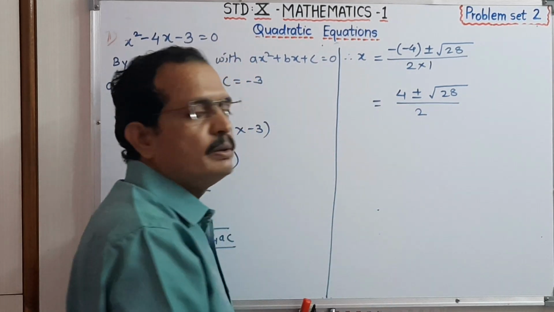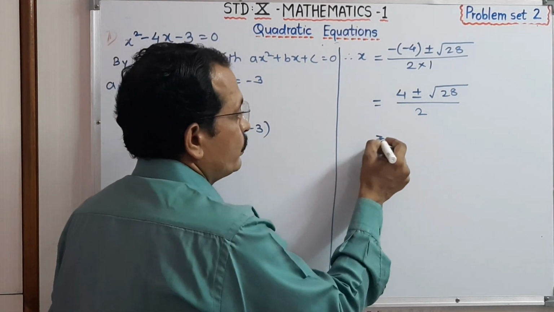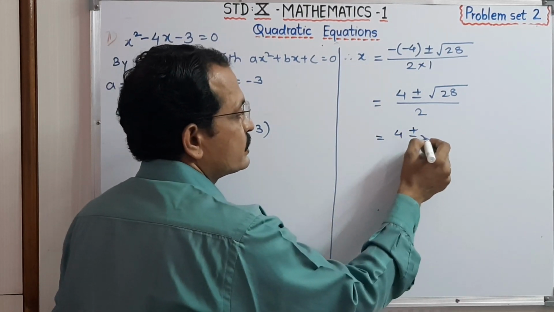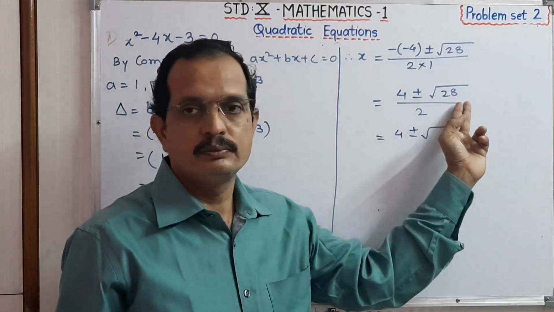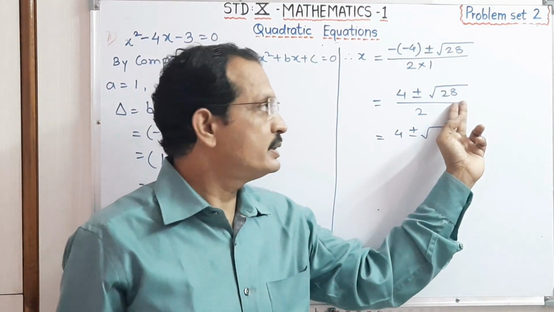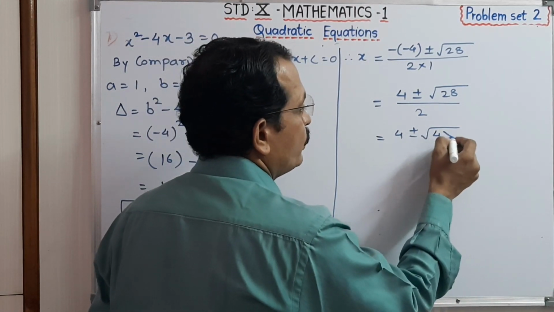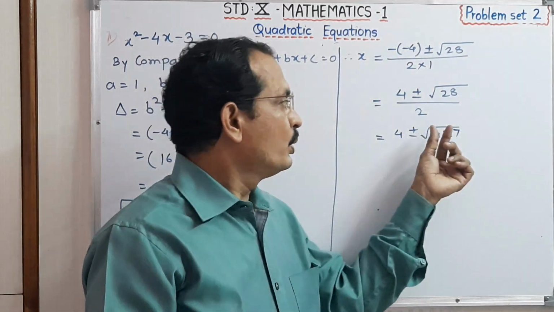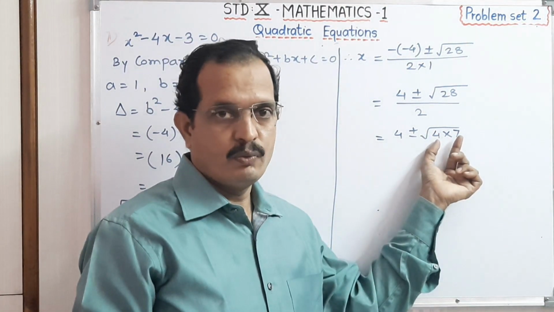See, we have to simplify this. Here what we have to take? 4 plus minus under root. Can we factorize this 28? Yes. It is 4 into 7. Out of this, 1 is a perfect square, 4.